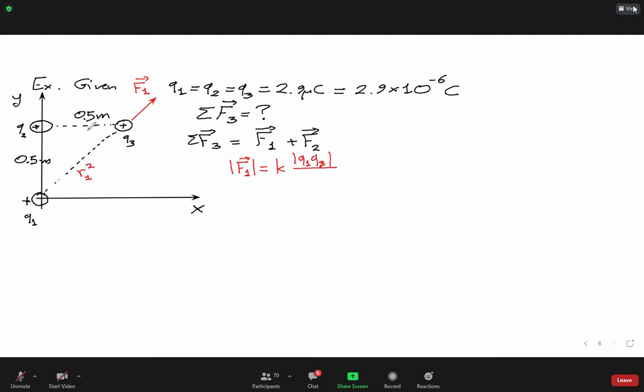Well, I'm noticing that this is a right triangle, and the distance I'm looking for is the hypotenuse, and I need it squared, which is good because the Pythagorean theorem says that the square of the hypotenuse is the square of this side plus the square of the other side. In this case, they both have the same value, but that wouldn't matter. So this is 2 times 0.5 squared. And I don't even need to take square roots because that's what goes down here.